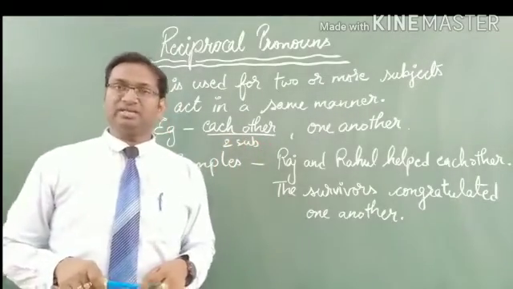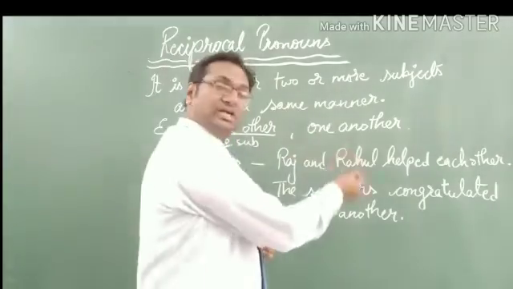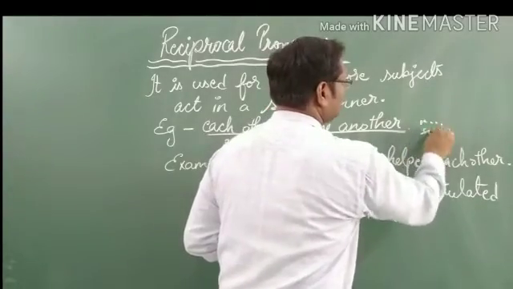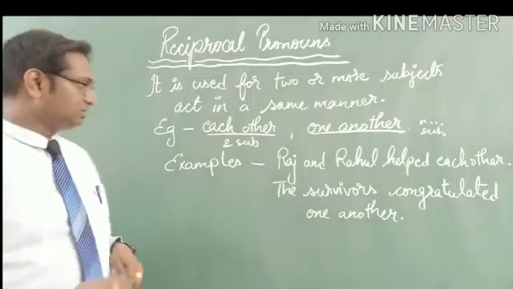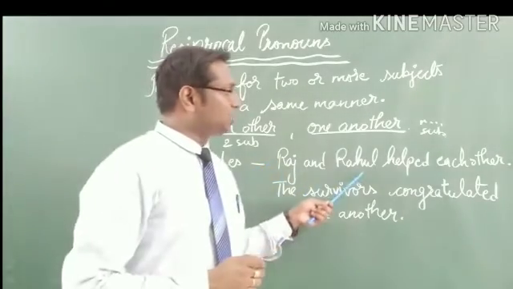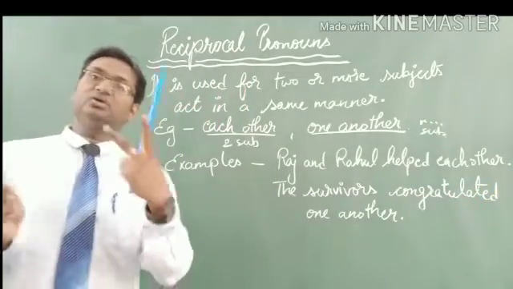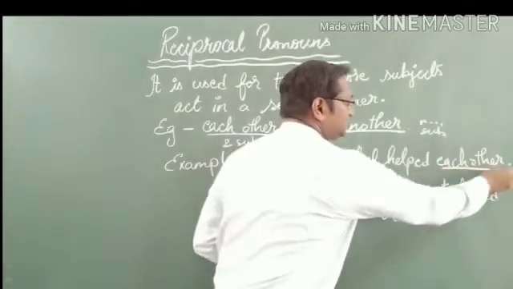When there are two subjects, then only we can use each other. If there are more than two, then we are going to use one another. Example: Raj and Rahul help each other. Now over here there are only two subjects, so that is why we have used each other.